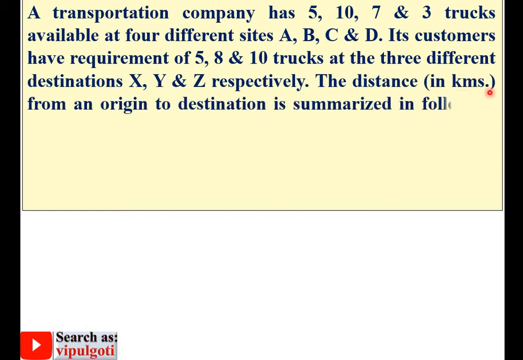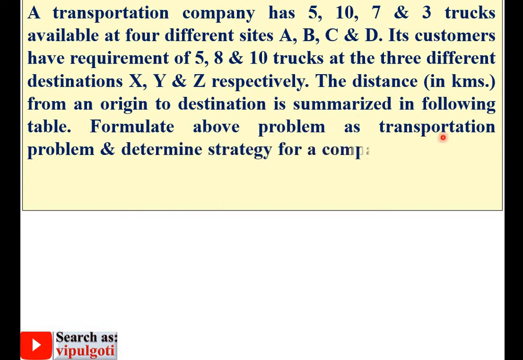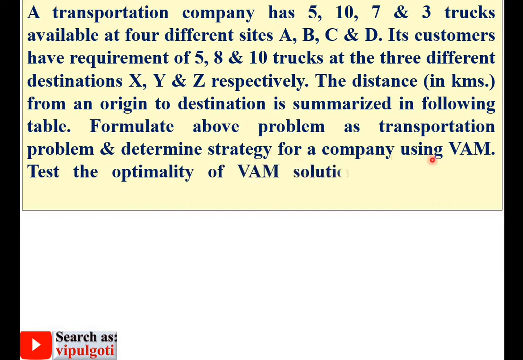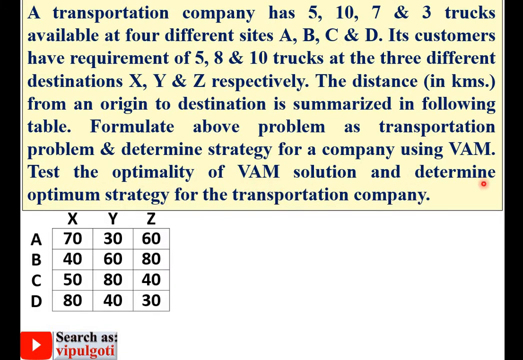The distance in kilometers from an origin to a destination is summarized in the following table. Formulate the above problem as a transportation problem and determine a strategy for the company using the Vogel approximation method. Test the optimality of the VAM solution and determine the optimum strategy for the transportation company. The table is given to you.